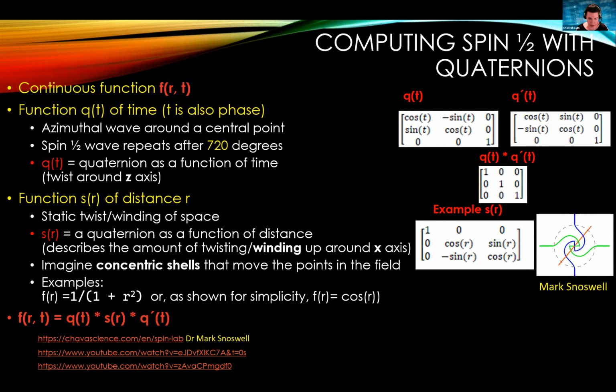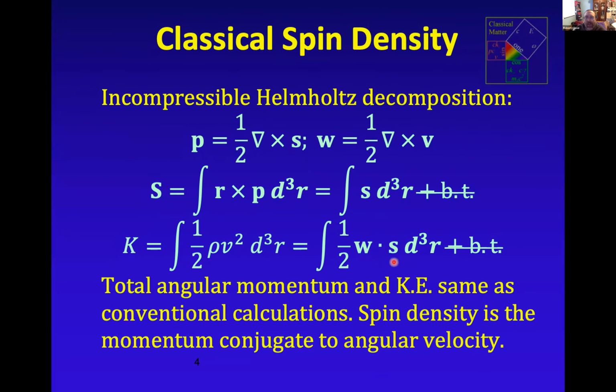Also, if you calculate the kinetic energy, that's 1/2 the integral of the angular velocity times the spin density. If you put that in a Lagrangian, the spin density is the momentum conjugate to the angular velocity. So spin density is a very fundamental variable that unfortunately is overlooked in elementary physics classes.